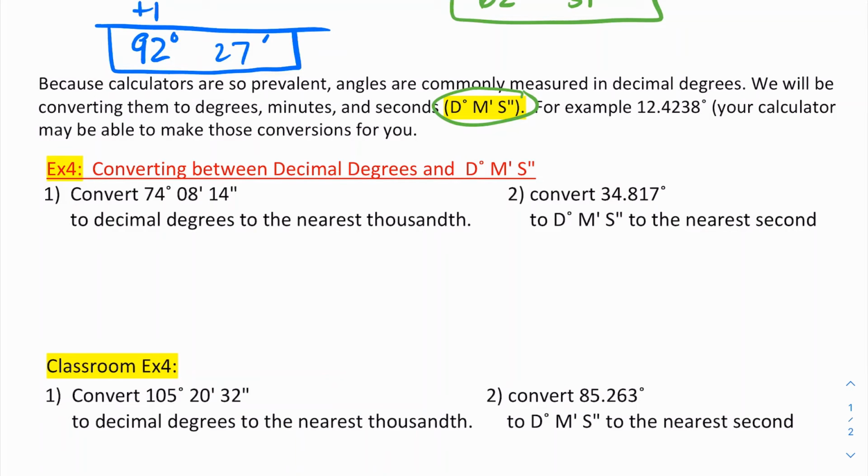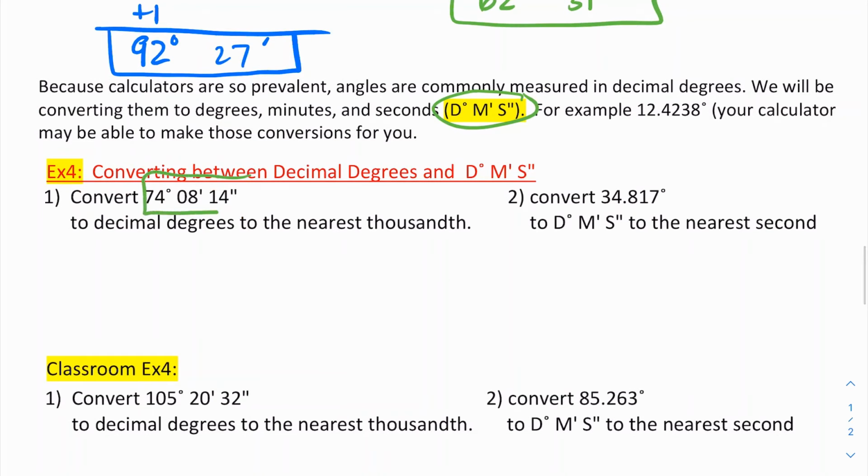So here we go. So in order to do the first kind, if you're going to convert this 74 degrees, 8 minutes, and 14 seconds, then I know it's going to be 74 point something degrees. Well, 8 out of 60 isn't very much, so it's not going to be a very big decimal.